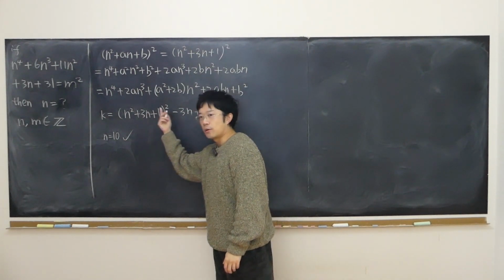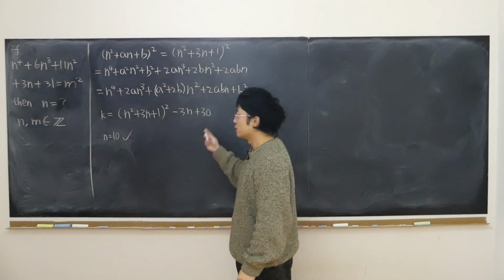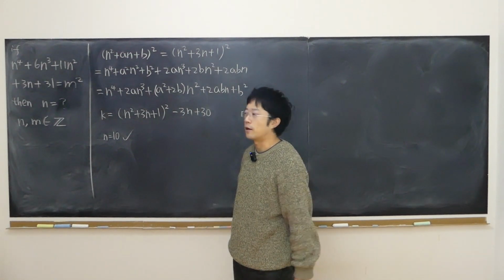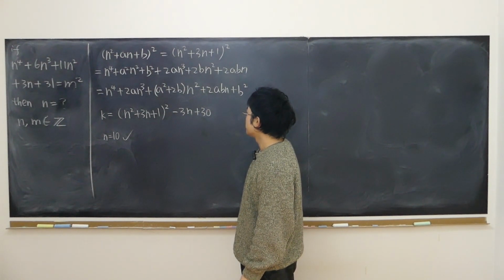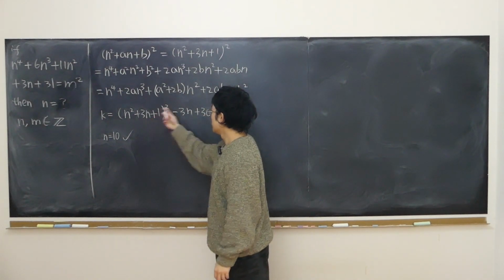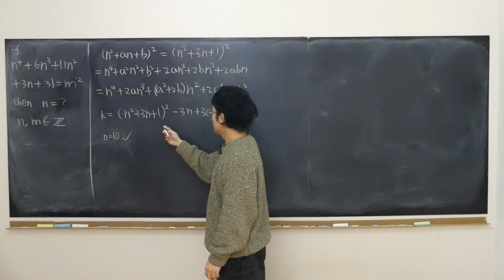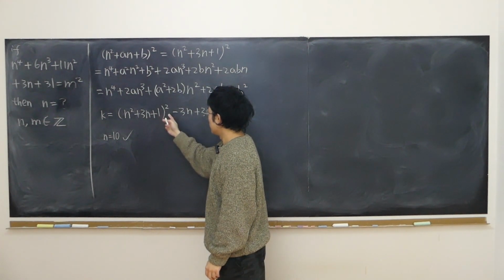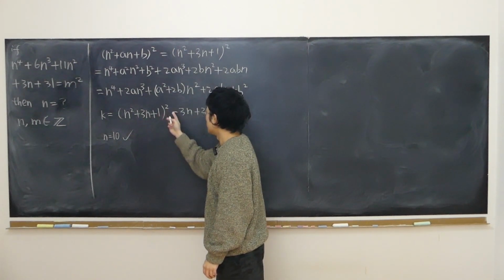Then we have to square it, which will become way larger than this term as n gets large enough. So, in other words, could this whole term be a perfect square that's larger than this perfect square or smaller than this perfect square?